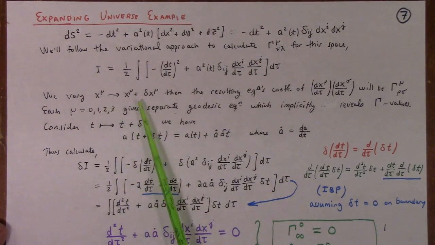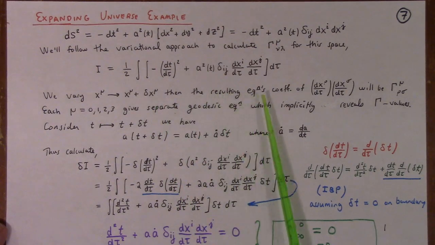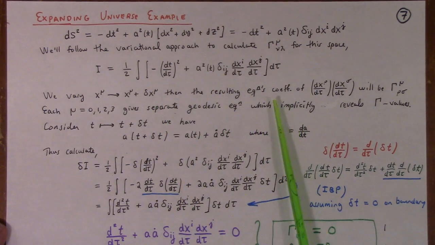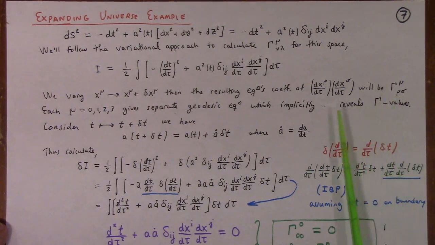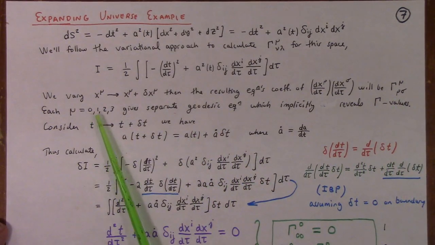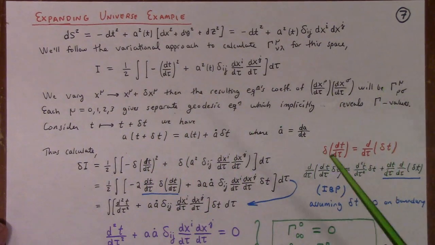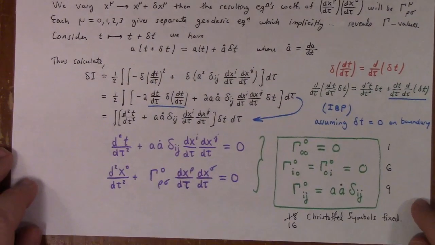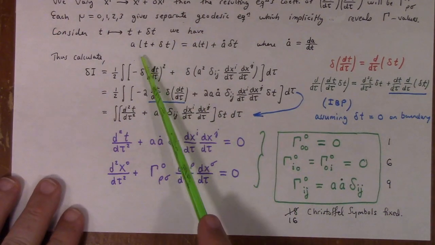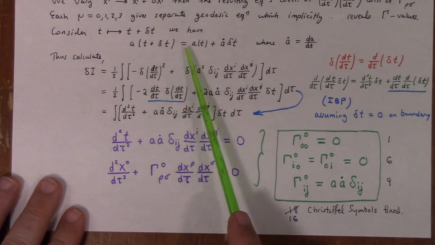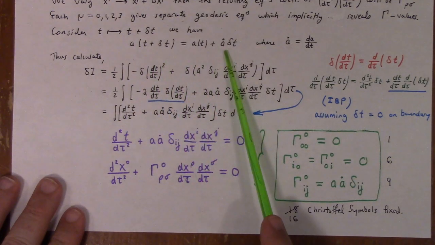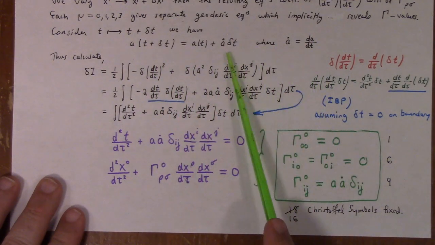And so if we look at the variation, then the resulting equation's coefficient of the proper velocities should be the connection coefficient. We've got time and then space, space, space to look at variation for. For the time variation, we have t maps to t plus delta t, so a of t plus delta t is going to be a of t plus the derivative of a, that's dA dt, times delta t.